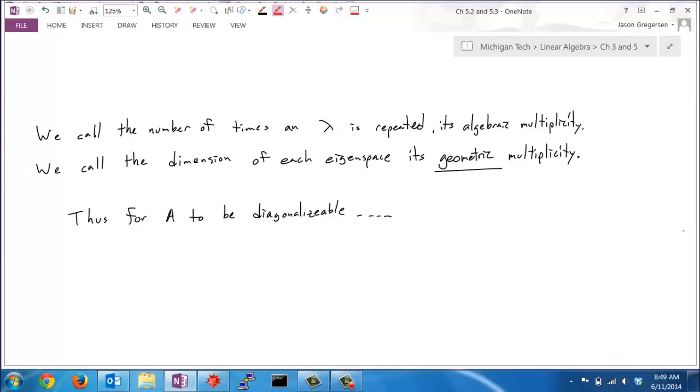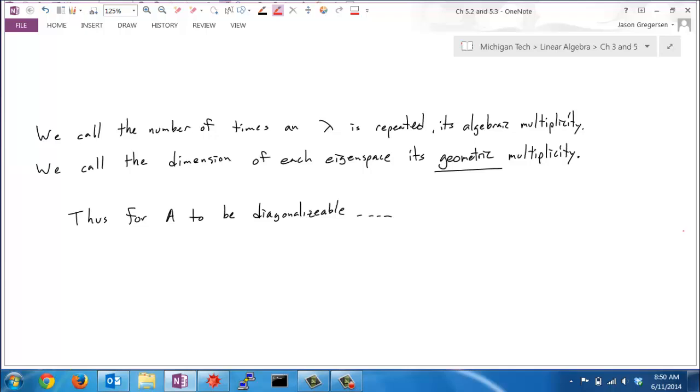And now, we'll say that A is diagonalizable when what is true? Yep, we need the right number of eigenvectors, right?